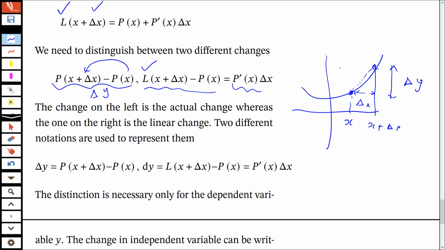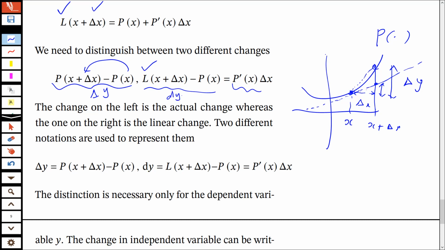This is not the actual change, because I chose 2 points along the actual p of x. So this was p of x and this was p of x plus delta x. This is L of x. So if I go along that tangent line, that tangent line will have a different slope. It will not go there, it will end up somewhere there. So this is what we mean there. It's customary to write this as dy.